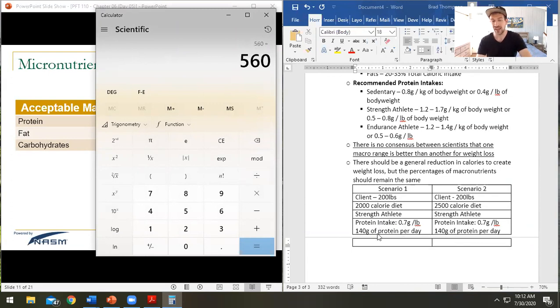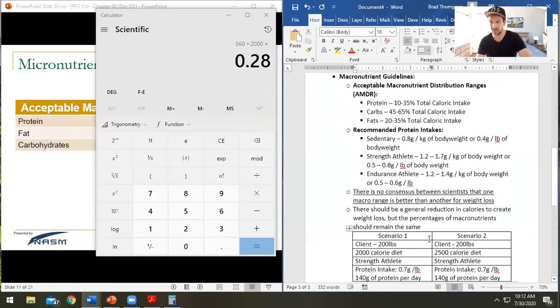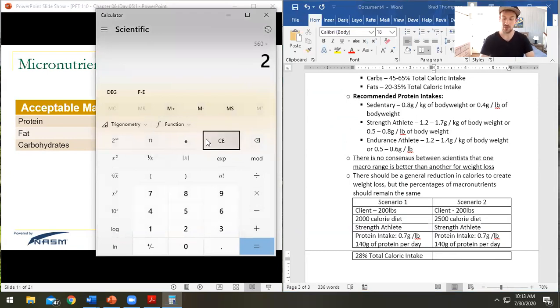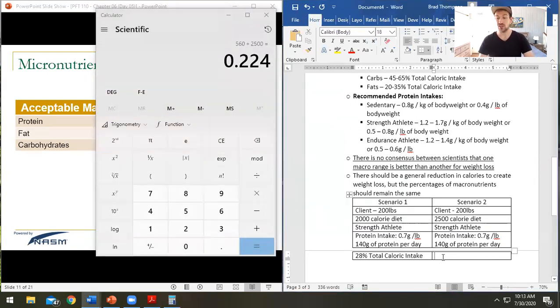Divided by a 2,000 calorie diet, that's 28% of total caloric intake. Scenario 2, on a 2,500 calorie diet, is 560 divided by 2,500. That's only 22% of total caloric intake for protein.